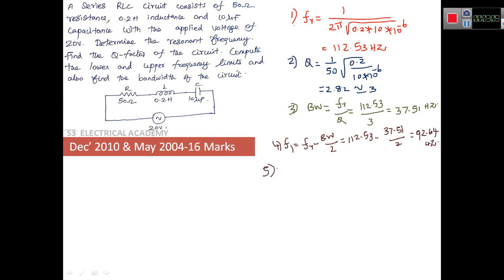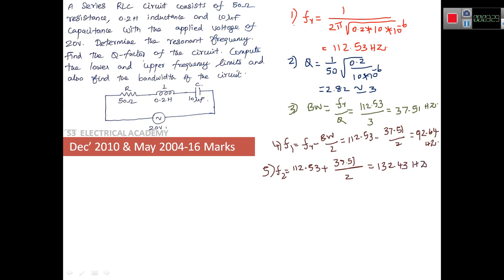Similarly, upper cutoff frequency F2 is equal to FR plus half of the bandwidth, 37.51 divided by 2, which is equal to 132.43 hertz.